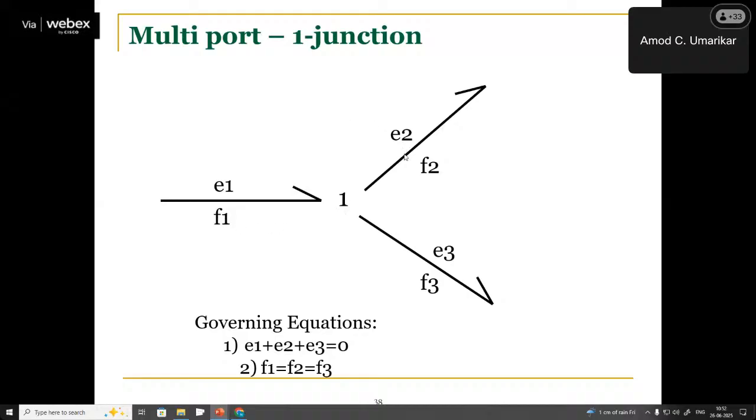E1 plus E2 plus E3 is equal to 0, while F1 is equal to F2 is equal to F3. What is it analogous to? KVL and KCL. I will not say KVL, there can be differences. I will say series connection.